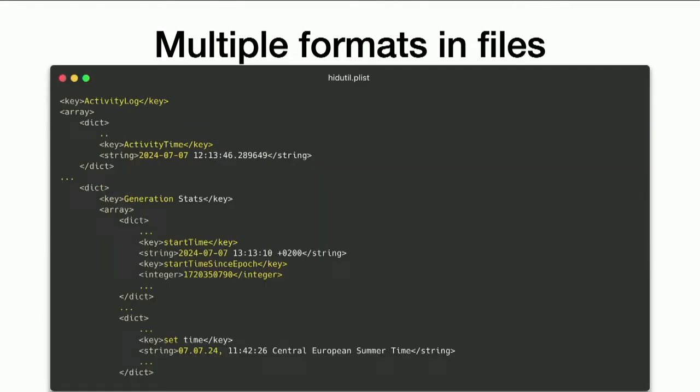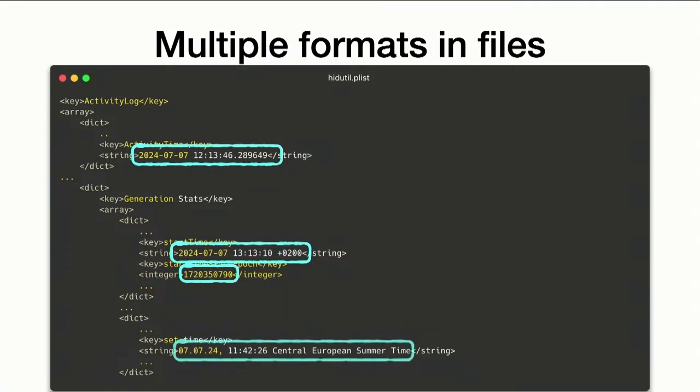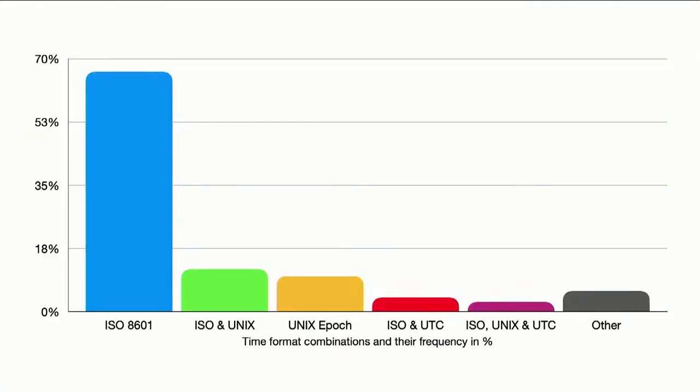In the hit util plist, which is a very long file, there are several contained. For example, here we have the RFC version. We also have a UTC offset, and we have a Unix time. And also at the bottom, we see a new one occurring. I've plotted some data, and it's quite rough.